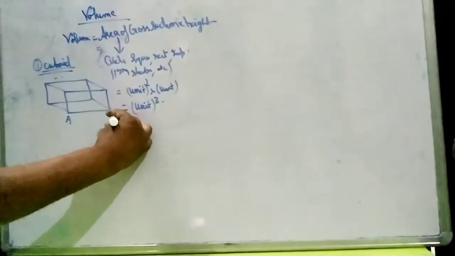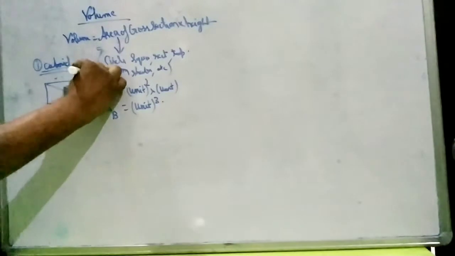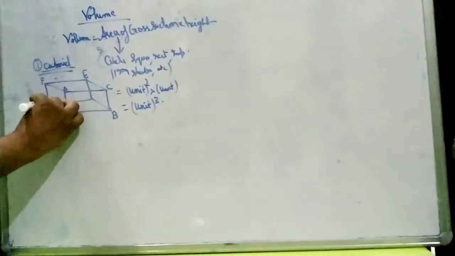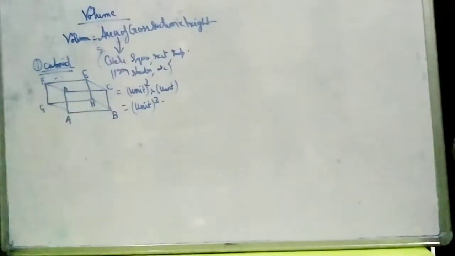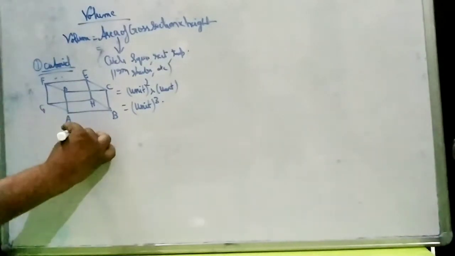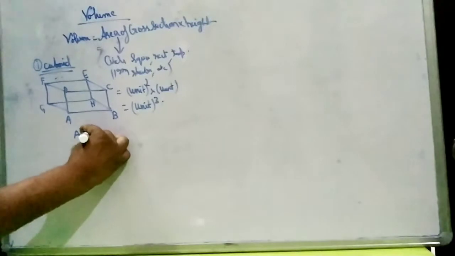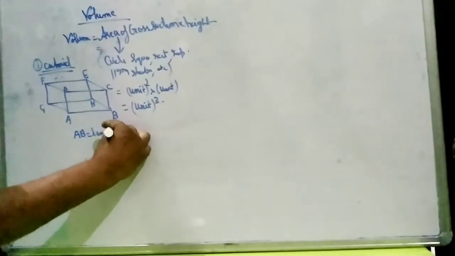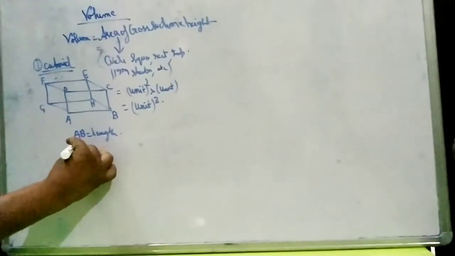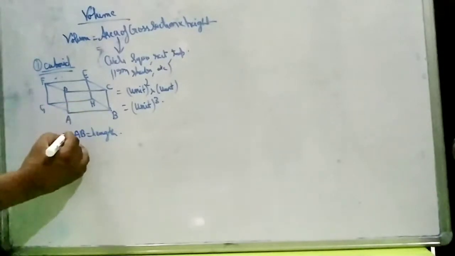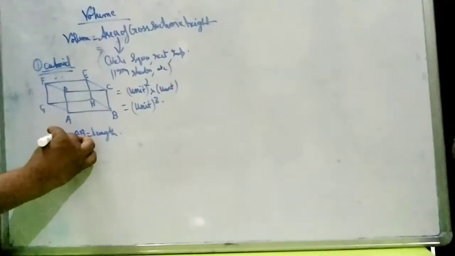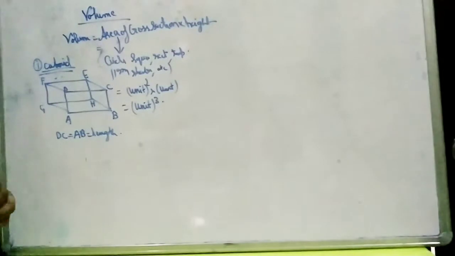A, B, C, D, E, F, G, H, in which side AB is representing length, which is generally equal to DC also.